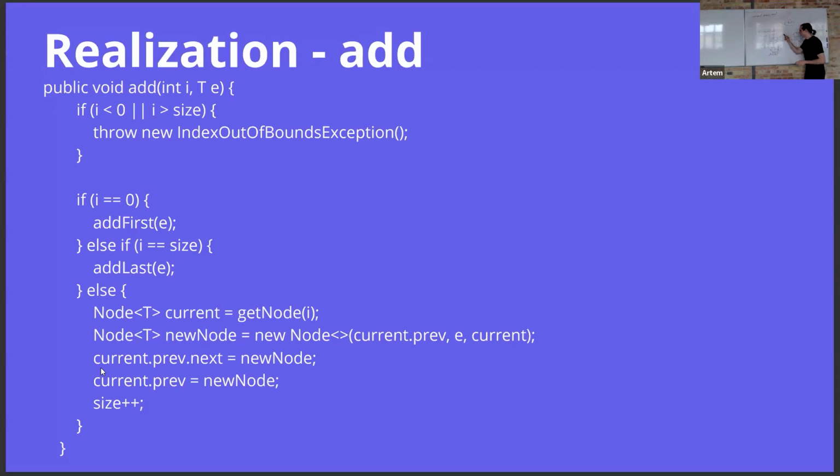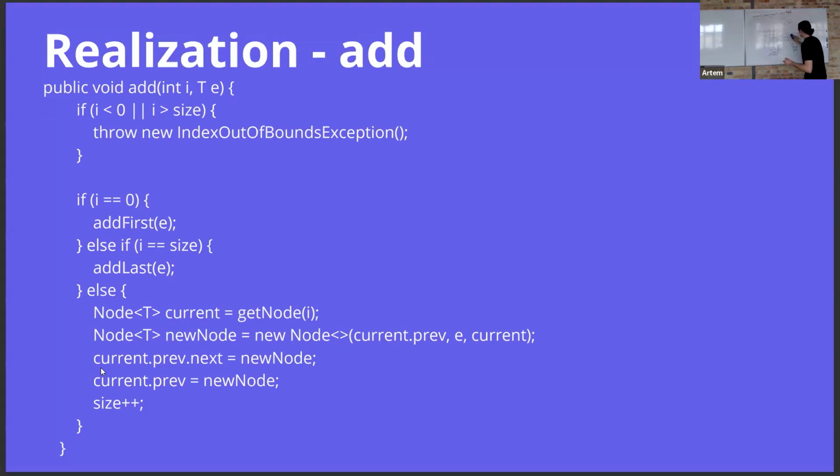And element 7 has the field next, and right now it contains a reference to element 0, but we're saying that our current prev next field is now equal to a reference to the new node.